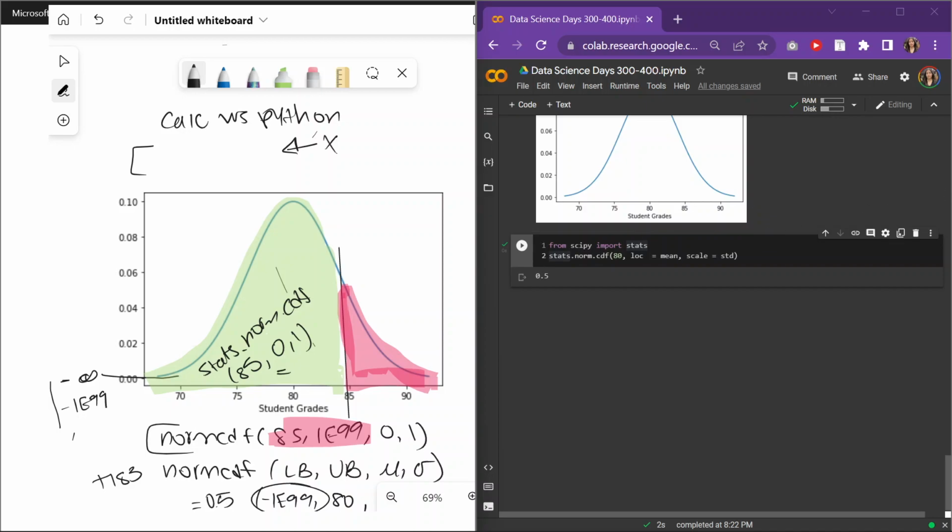So in order to get what I want, let me change it to 85. It's going to give me 89%? So that's 89% of the students got lower than an 85.